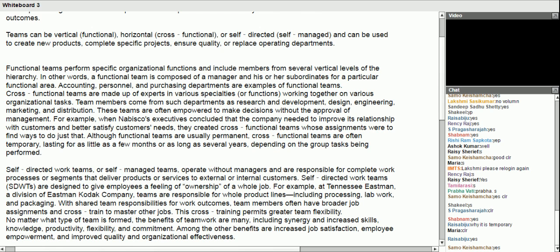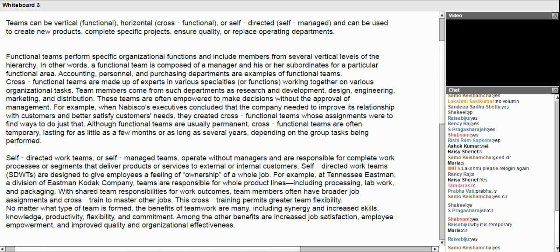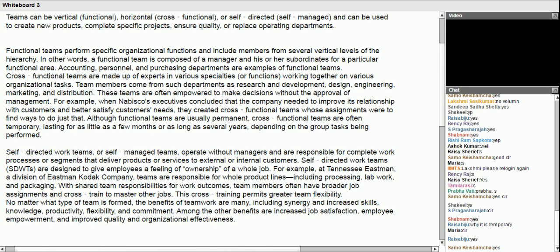So unity is strength. If many people are there in a particular team, what is going to happen? It is going to have improved quality and organizational effectiveness. Job satisfaction will be there. Each one will share their own knowledge. It will be more productive, flexible, and committed. Any questions so far?